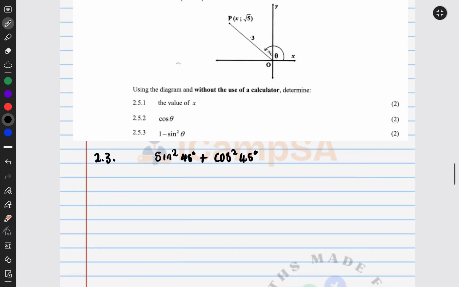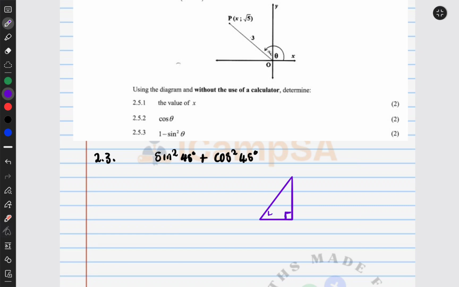This is essentially a trig identity, but you'll learn about that in grade 11. For now, let's remind ourselves of the special angles that come from special triangles.